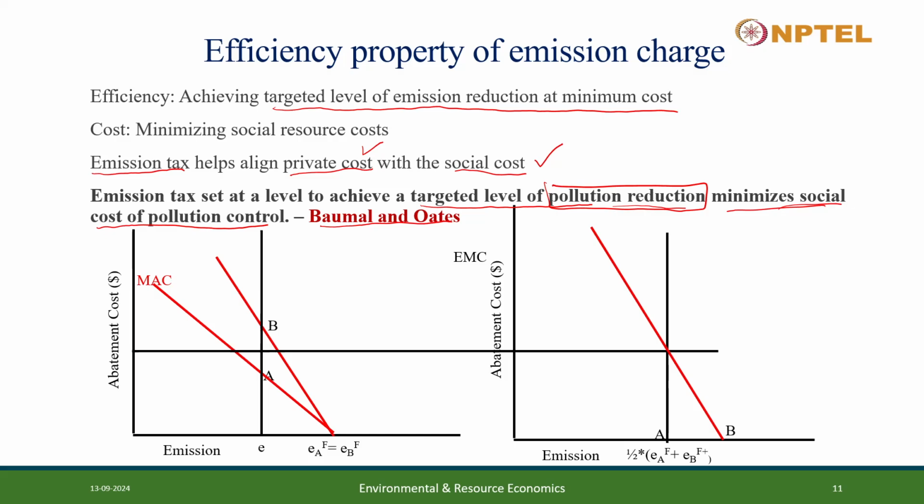Graphically, we have discussed in the last slide that the emission tax is more effective than the uniform standard system. So that we have seen graphically. Now we will try to prove that the pollution reduction is done at minimum social cost when we levy some emission tax, right?